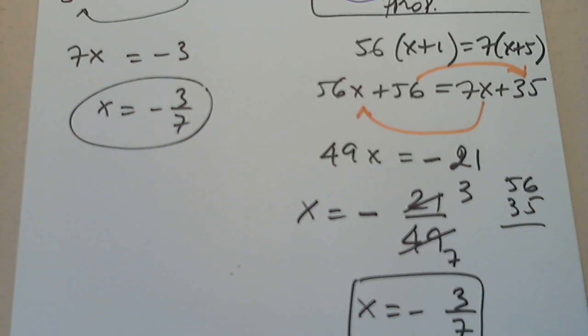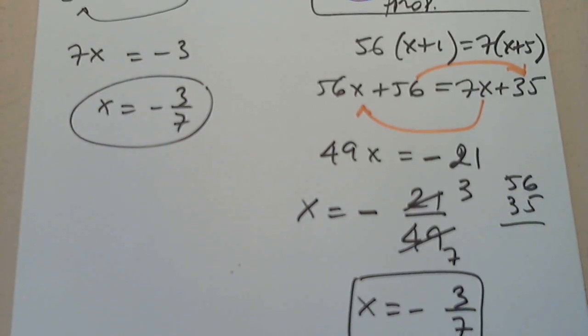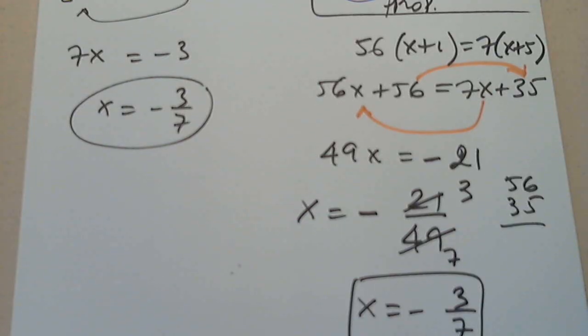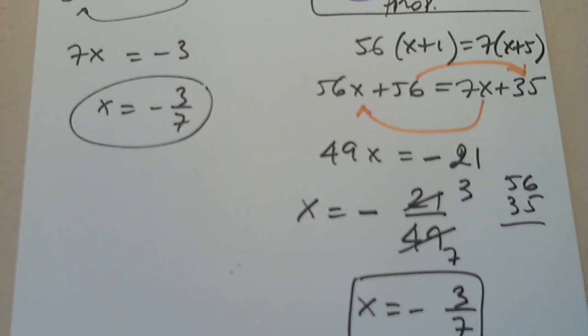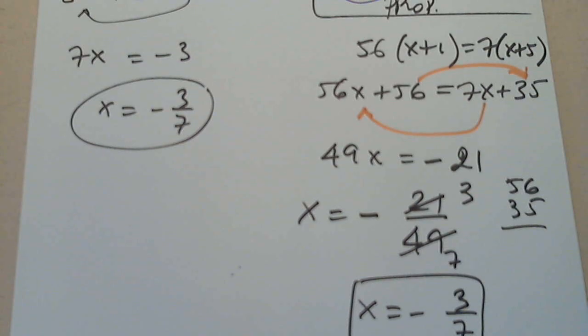Will I say it's carved in stone? No. But it's highly recommended to eliminate decimal numbers. So I have 1.1, I have 1.4, I have 2.2. In each number, I see only one decimal digit, which means that I will multiply both sides by that quantity needed to eliminate one decimal digit. What will I multiply both sides by to eliminate one decimal digit?